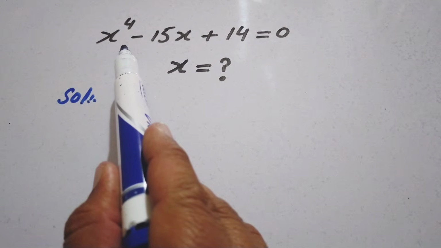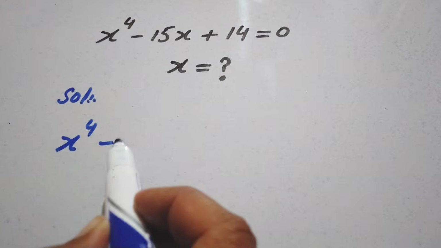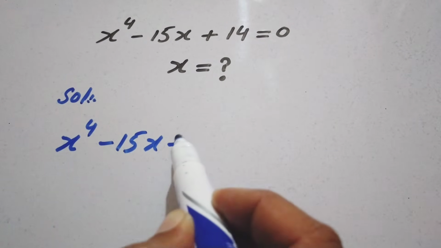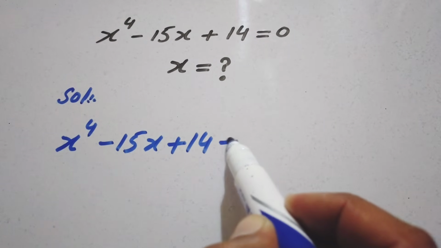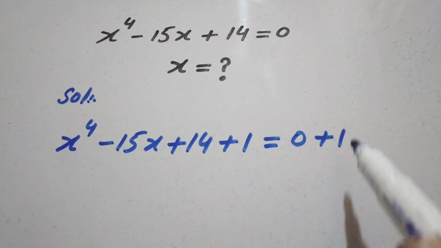First of all, adding 1 on both sides. So x power 4 minus 15x plus 14, here add 1, is equal to 0 plus 1.